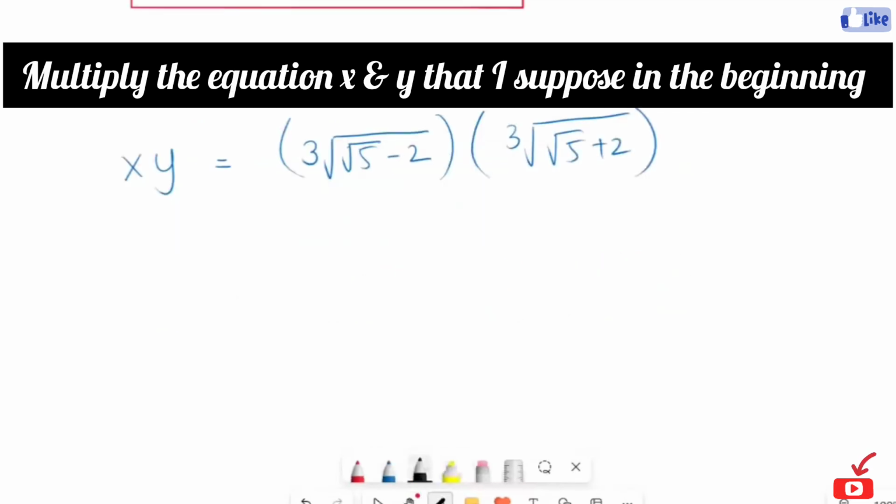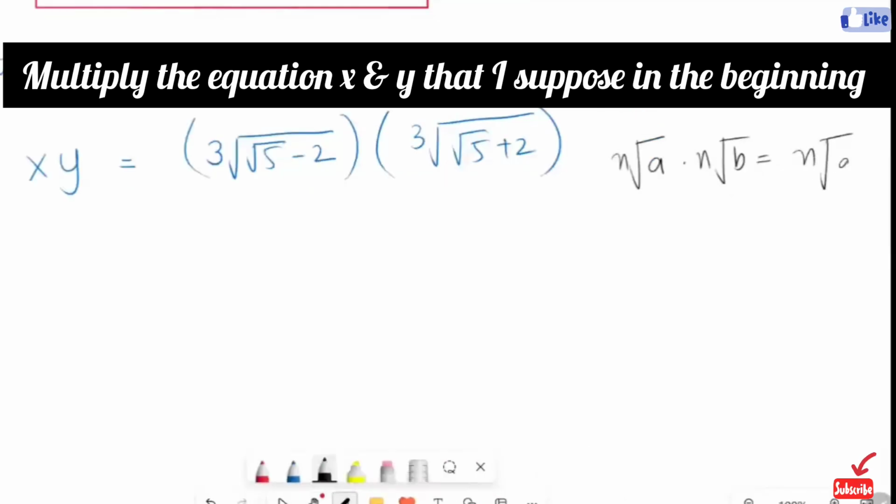Here I am going to apply the radical property, that is, nth root of a times nth root of b is equal to nth root of a times b.